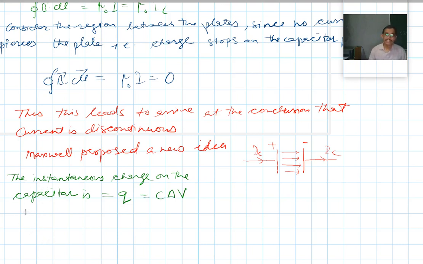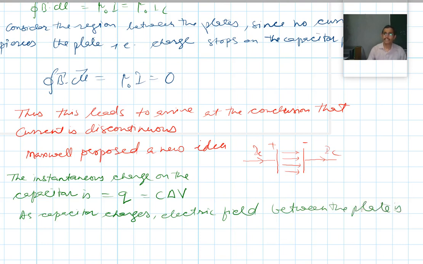And as the capacitor charges, the electric field between the plates is changing, and we know that capacitance is equal to epsilon naught A by D. Here A is the area of cross section of the plate, and D is the separation between the plates, right?